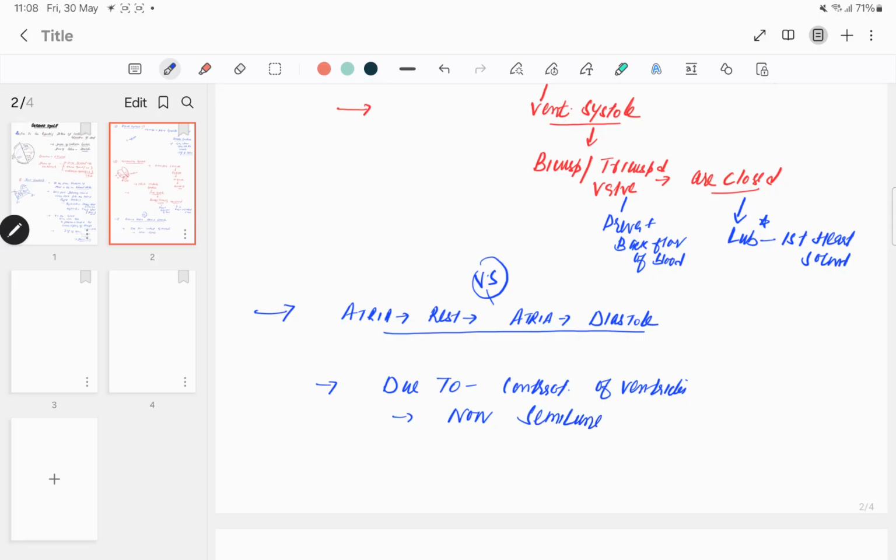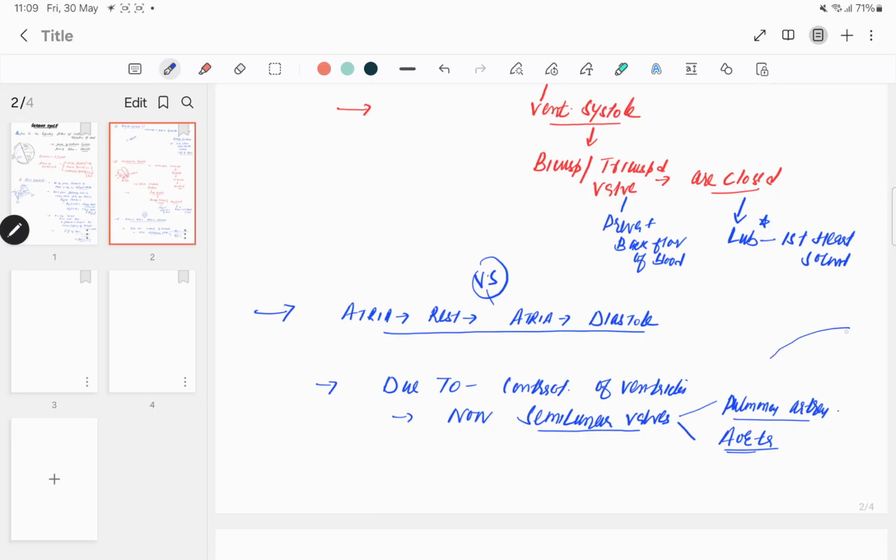Now, semilunar valves. There are other valves, just like bicuspid and tricuspid. We have semilunar valves that guard the pulmonary artery and aorta. Listen here. One is the pulmonary valve and the other the aortic valve.